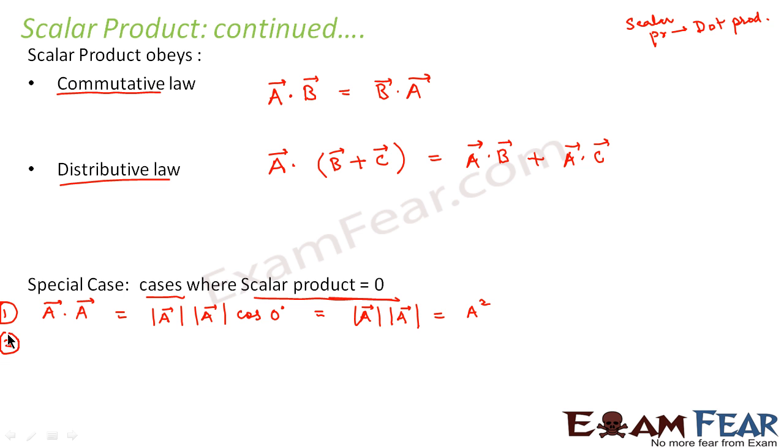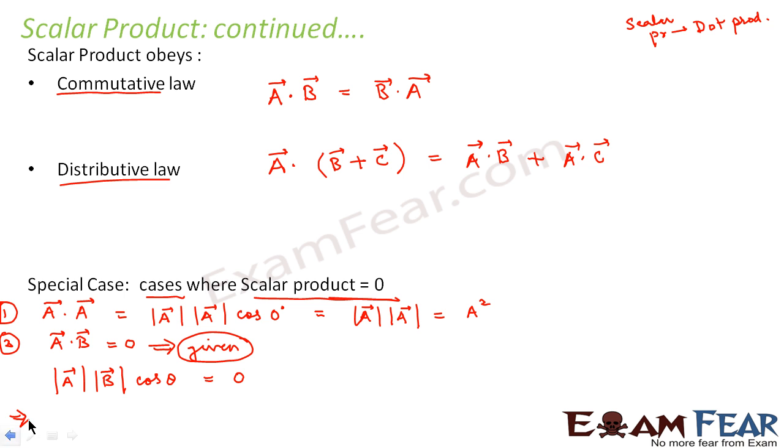Now let us consider another scenario. Suppose we have two vectors A and B, and the scalar product of A and B is equal to 0. What do we conclude from this? We conclude that mod of A into mod of B into cos theta, where theta is the angle between A and B, is equal to 0.